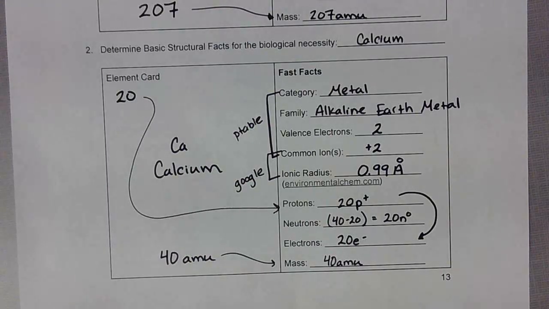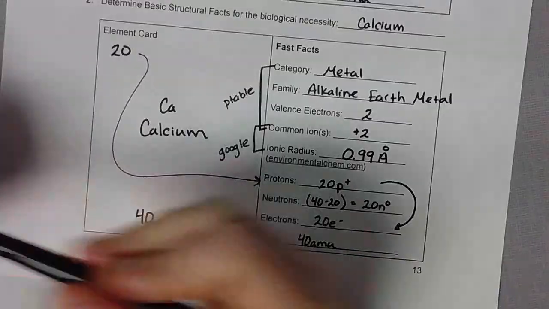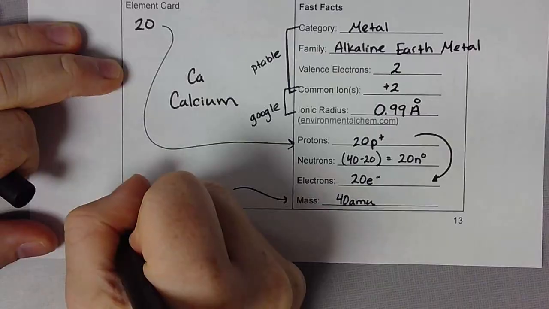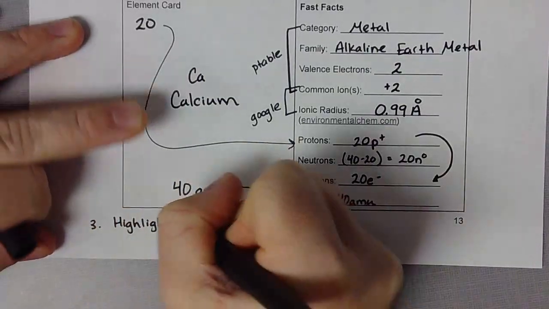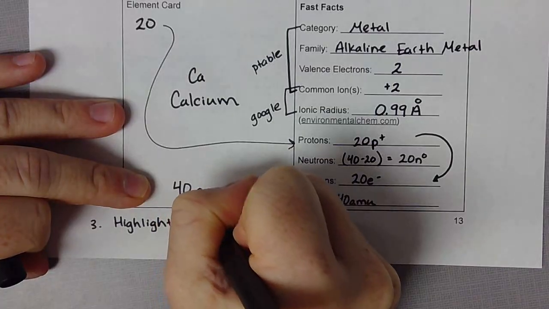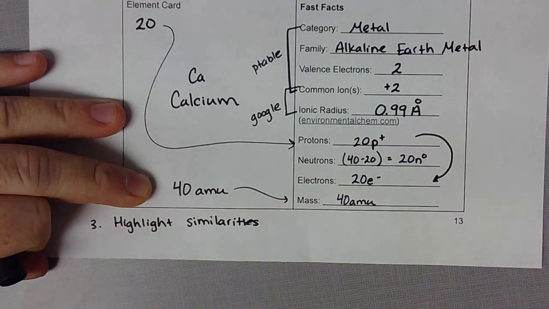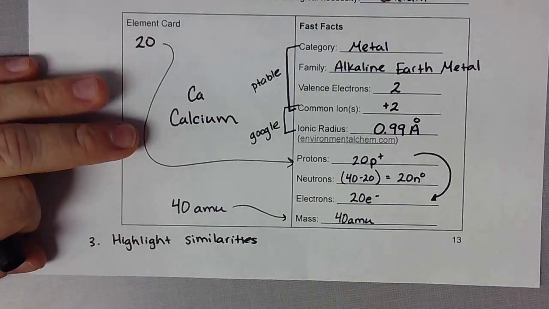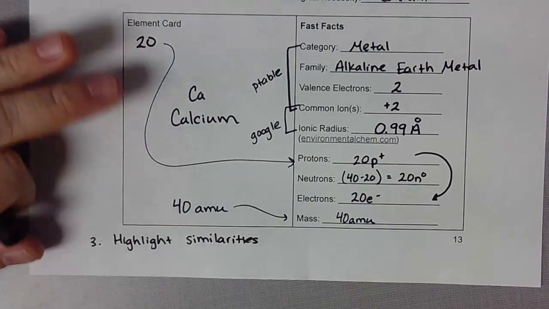The last step that we want to do is highlight similarities. I think it just did not fit in your margins. So similarities are going to be either traits that are the exact same or very, very close to the same.